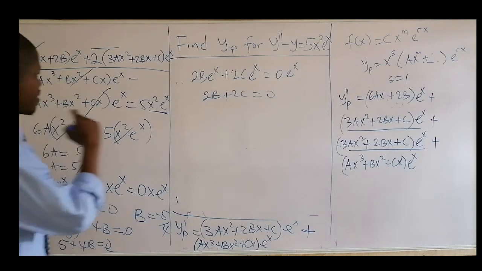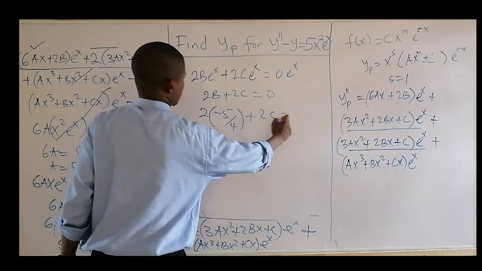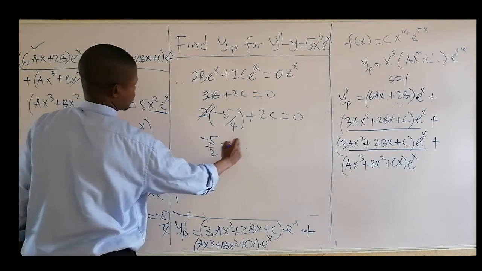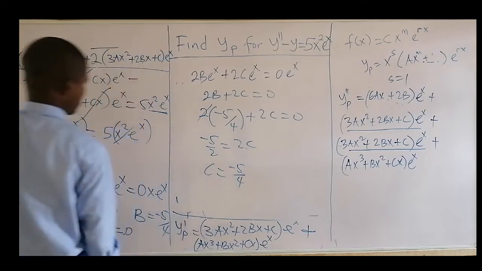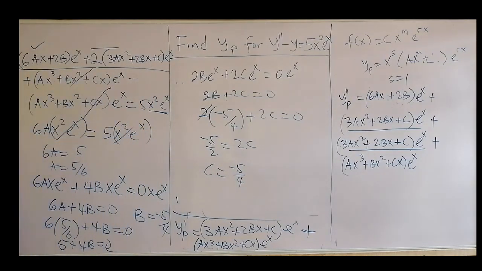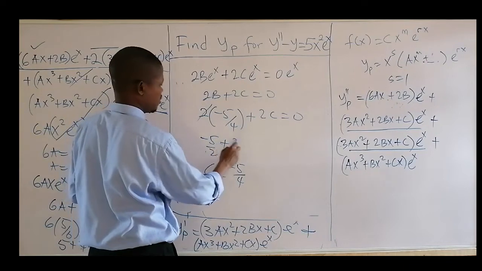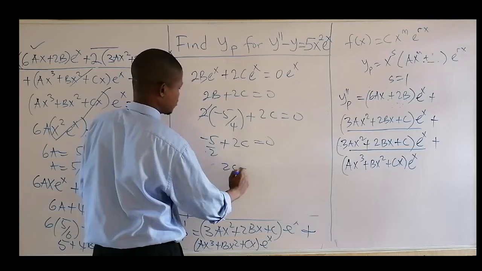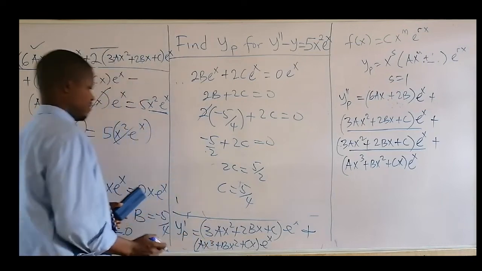We have b already: 2 times minus 5/4 plus 2c equals 0. That will be minus 5/2 plus 2c equals 0. Then 2c equals 5/2. Then c is equal to 5/4. So that's c.